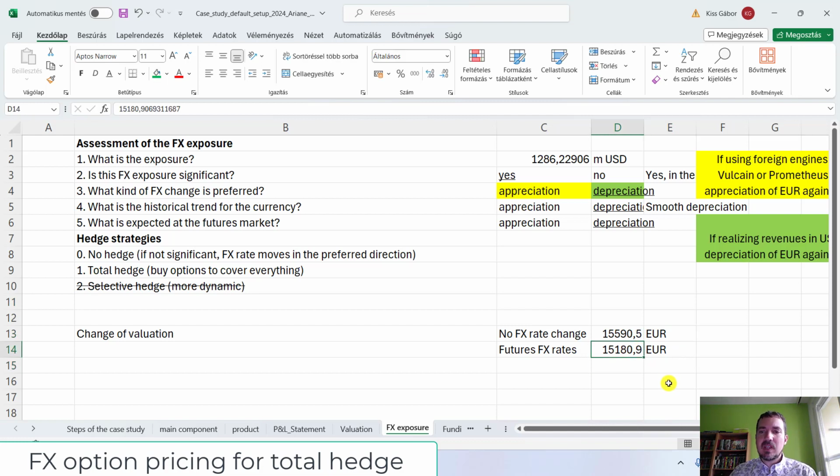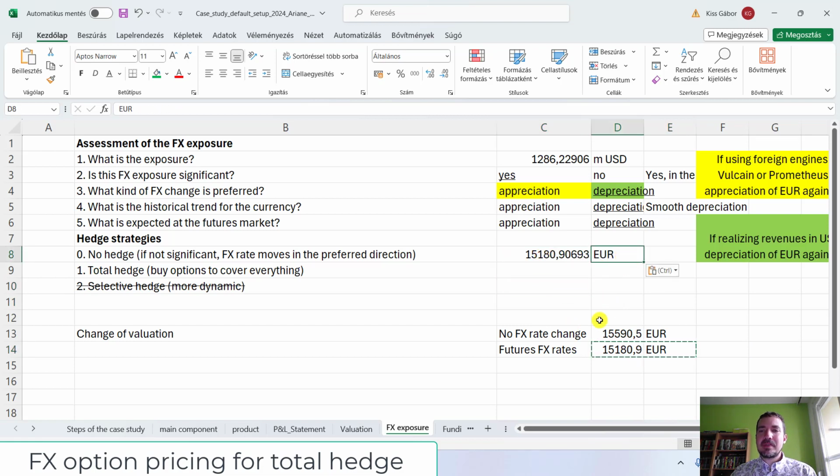So you can ask the question, is it worth the 400 euros to start to deal with all the hedges? Because still we can say that yes, significant, but it moves in the preferred direction. So right now we can see that, okay, this is the no hedge case.